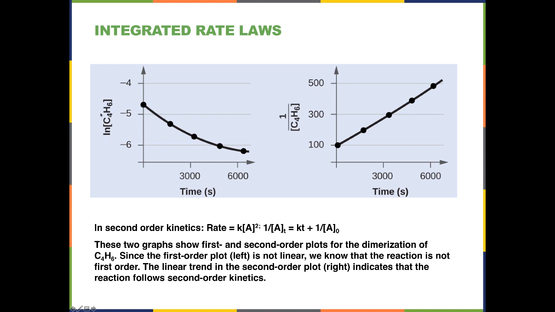So these two graphs show first and second order plots. This is a first order plot because it's a natural log plot, and this is a 1 over the concentration plot, so this is a second order plot. Since the first order plot is not linear, the reaction is not first order. But because the second order plot is linear, this indicates that the kinetics for this reaction is second order kinetics.